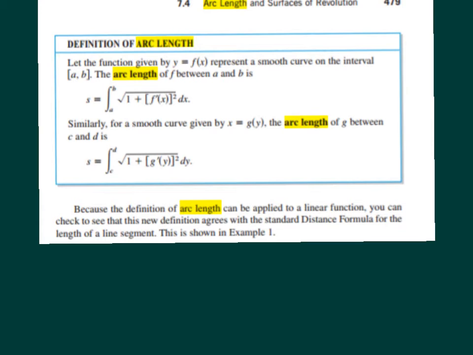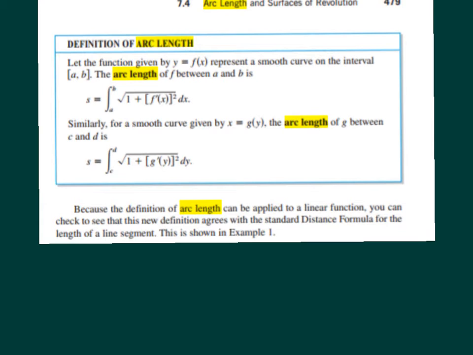Well guys, let's look at the definition of arc length again, looking at the formula. There is one difference between respect to x and respect to y. Here the function is given by y equals f of x. But if you have x equal to g of y, then for your interval you have to put the y values. In this case, you look at the x values for your interval of x.